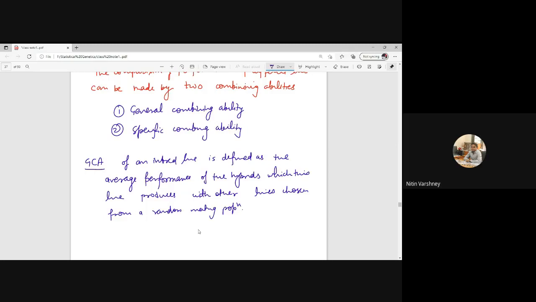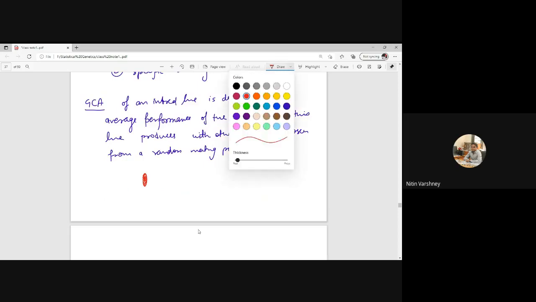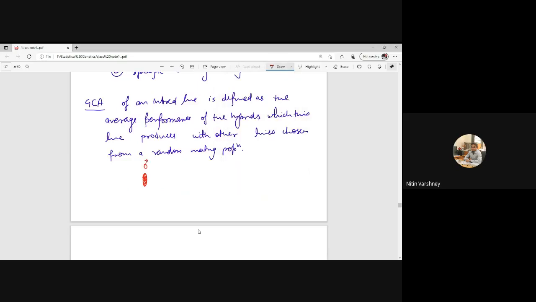Okay, so what does this mean? Suppose this is a particular line, or I can say a particular individual. I want to check the combining ability of this particular line. So I will select another parent. Suppose I am considering this as male.